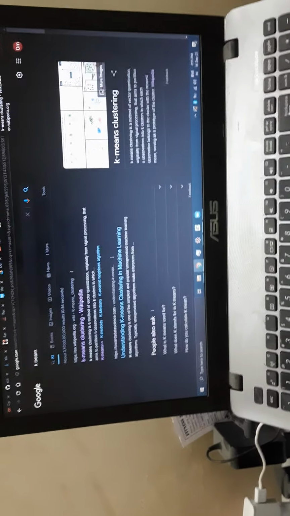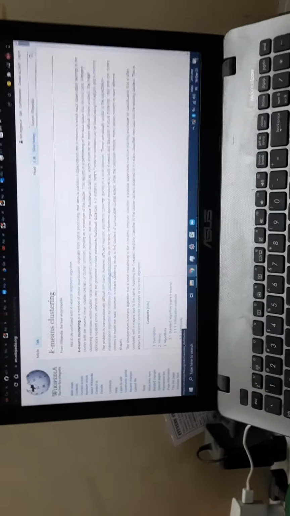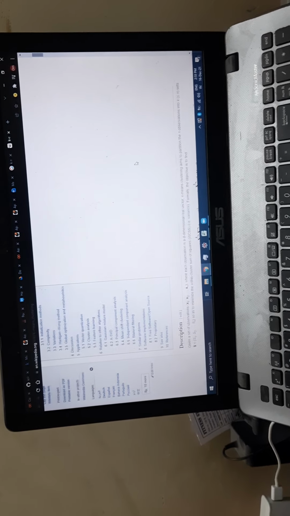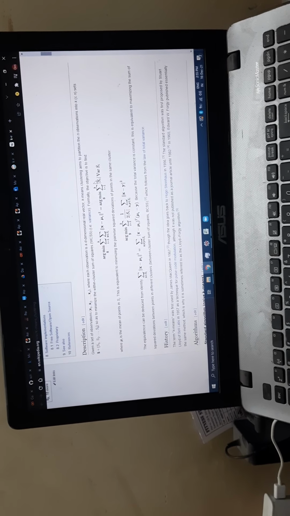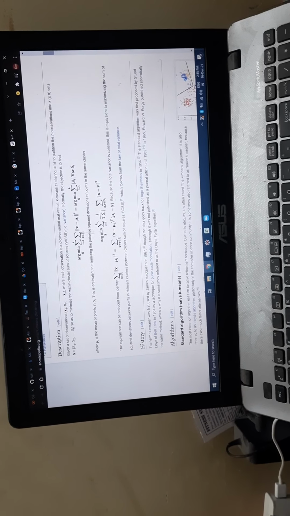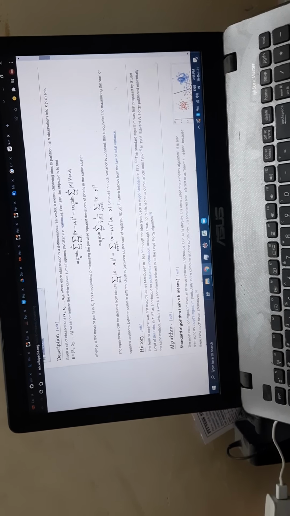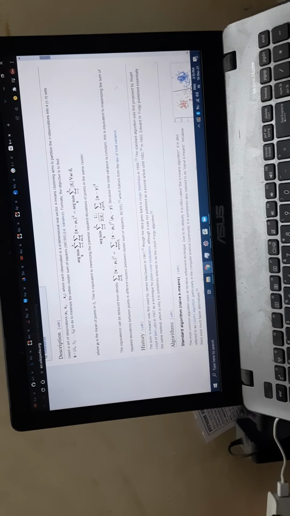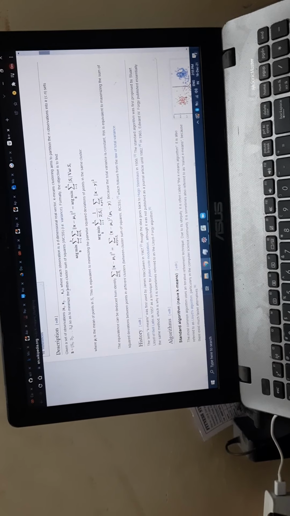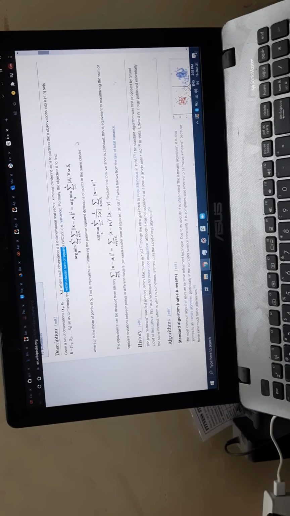K-means clustering, let me check the optimization problem. Given a set of observations where each observation... minimize the within, okay, it's called within cluster sum of squares.